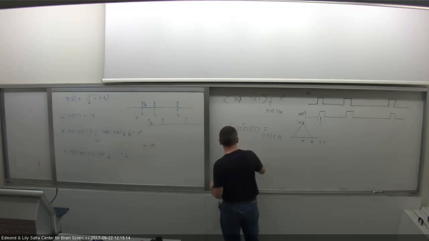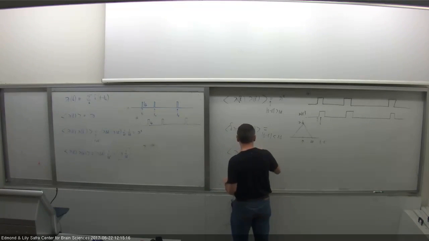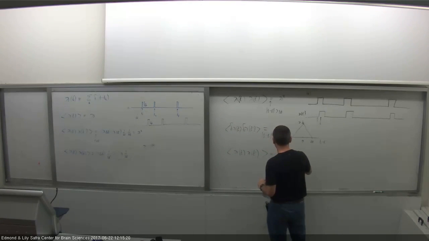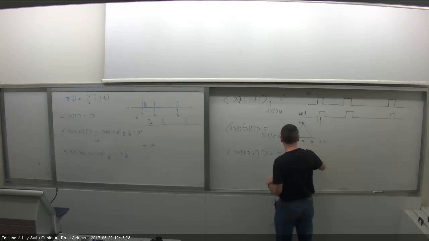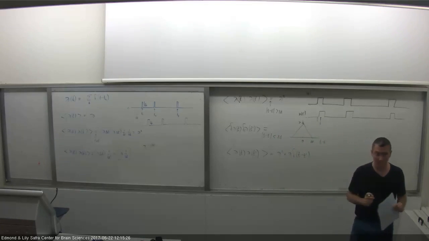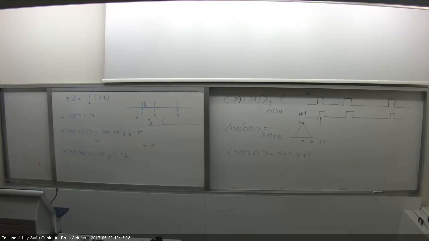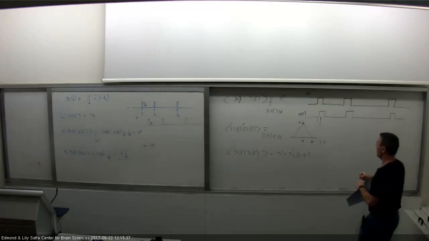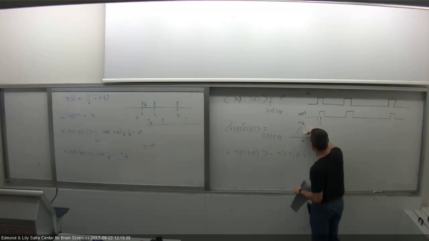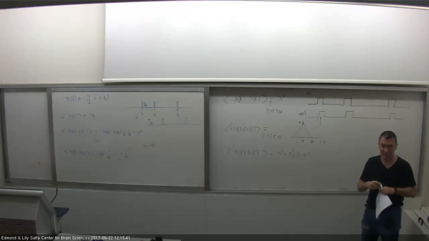So this is why lambda t lambda t prime is equal to lambda squared plus lambda delta of t minus t prime, taking the limit. Because the area under the correlation function is exactly lambda.